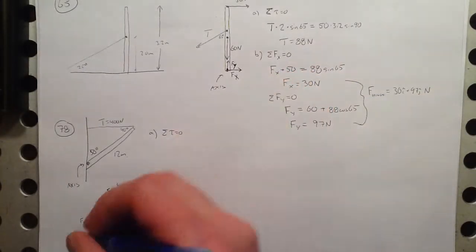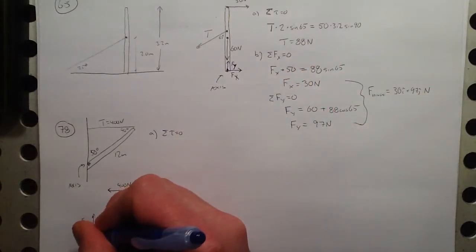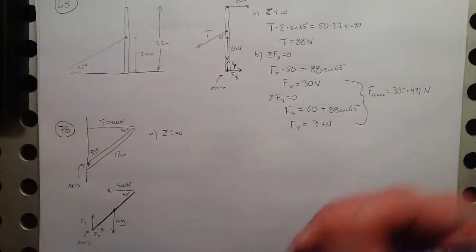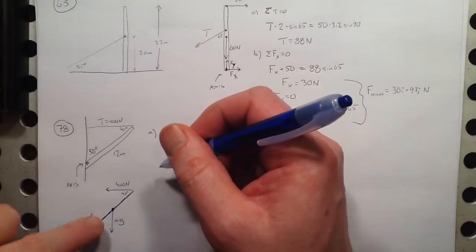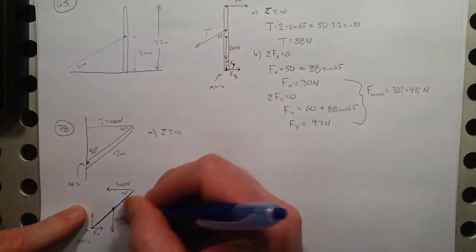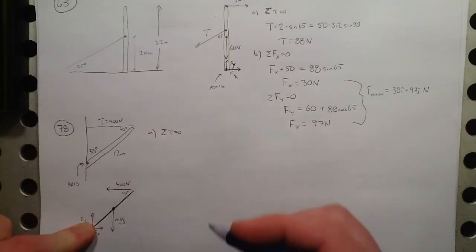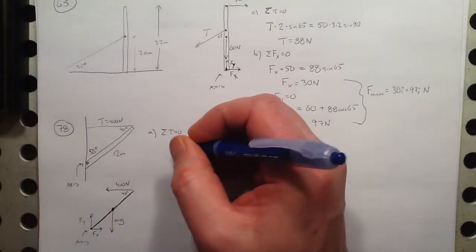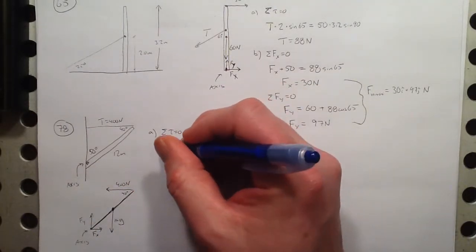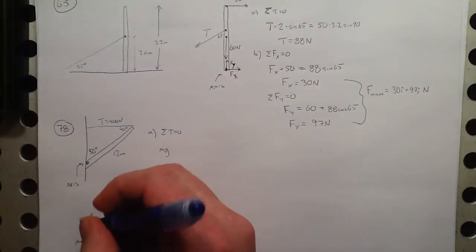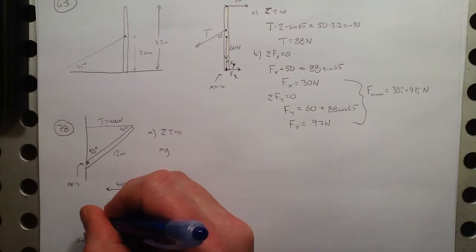All right, so if this is my axis for the purposes of calculating torque, then I have two torques. This torque here trying to make the beam rotate clockwise, and this one trying to make it rotate anti-clockwise. So that means that mg, oh, and I should put my angle in here just so I can be clear about it.